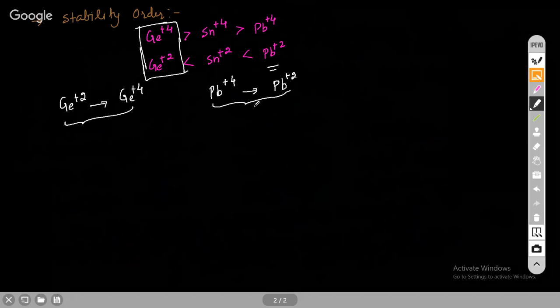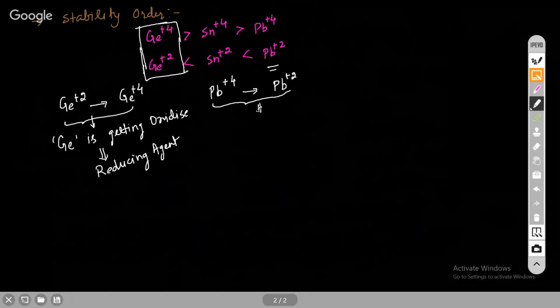Oxidation and reduction. In this part, oxidation number is increasing. So germanium is getting oxidized, which means here it is behaving as a reducing agent. Listen to me carefully here, don't get confused. Reducing agent.